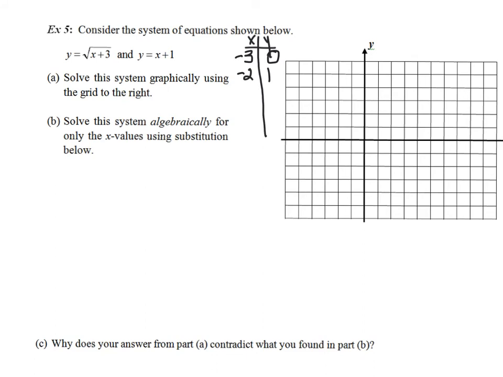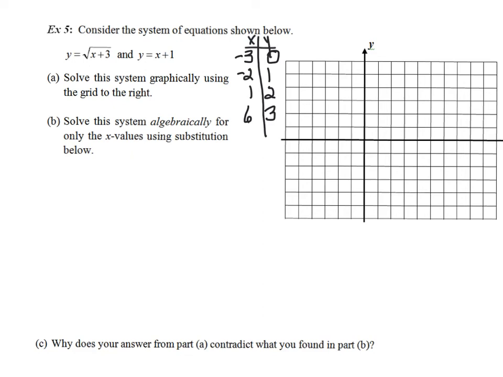I don't want to use negative 1 because that's going to give me the square root of 2, which is irrational. Same thing with 0 because that gives me the square root of 3, which is irrational. So instead I'm going to jump to an x value of 1. Square root of 4 is equal to 2. And let's go with 6 for x, so the square root of 6 plus 3 would be the square root of 9, which is 3.